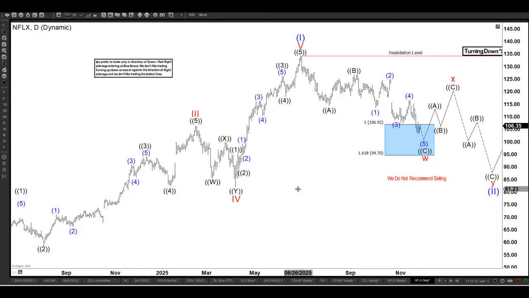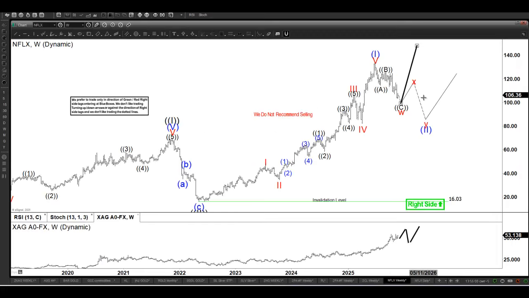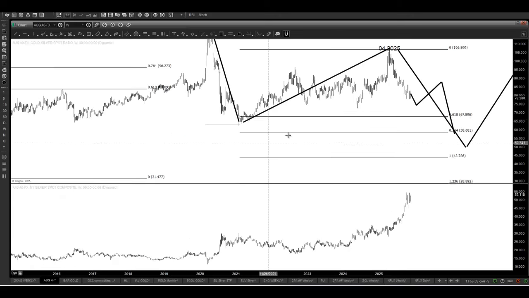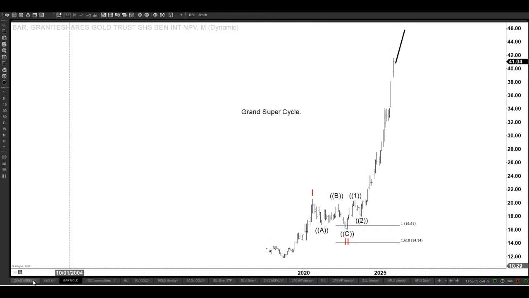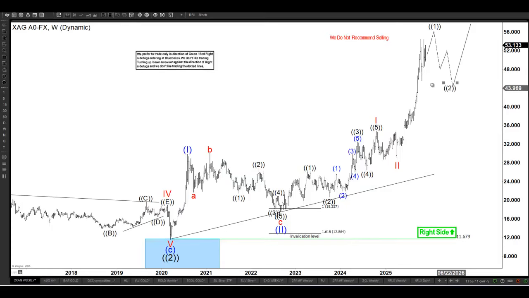If Netflix goes now and breaks those highs, silver, the count in silver that you put back was here. And this is going to fly like an eagle.